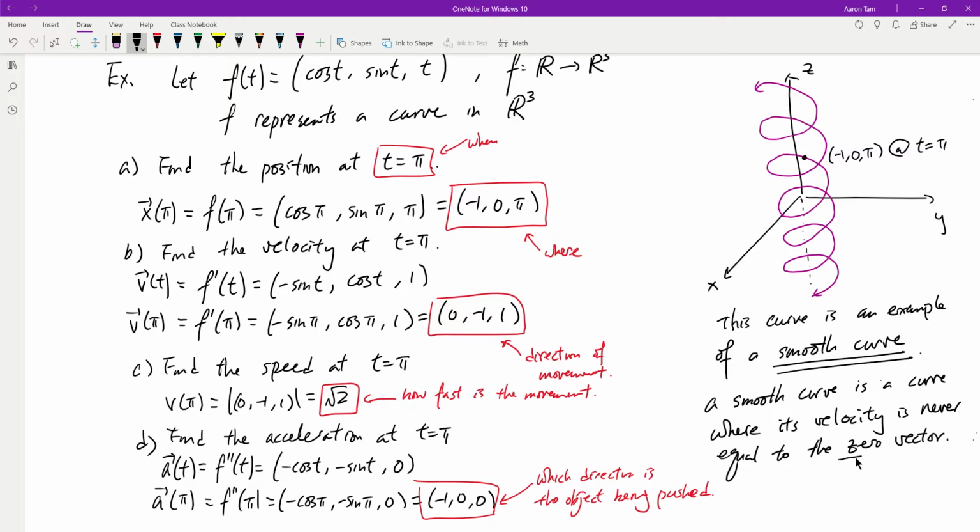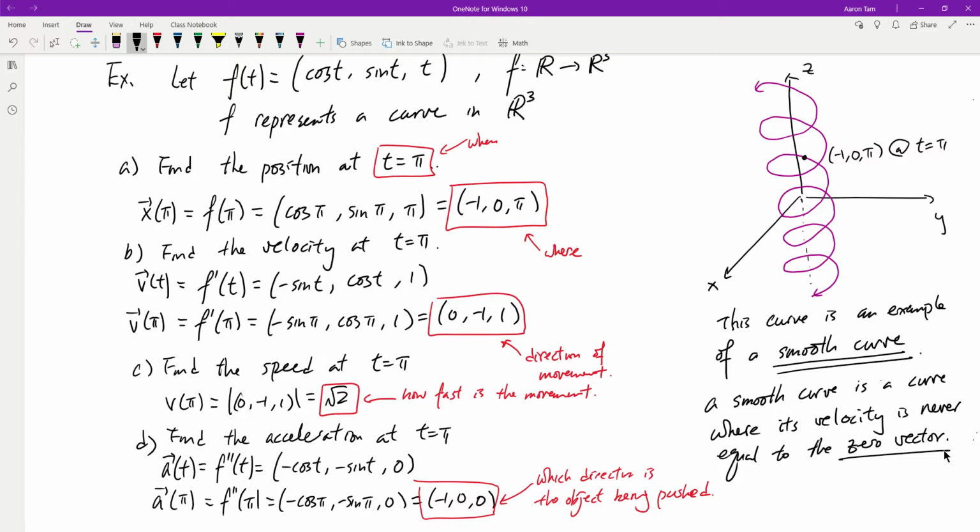Now, why is that important, and why does it mean a smooth curve? If you think about this velocity vector, it defines the direction of movement, but more importantly, it also defines speed, which means how quickly you're moving.